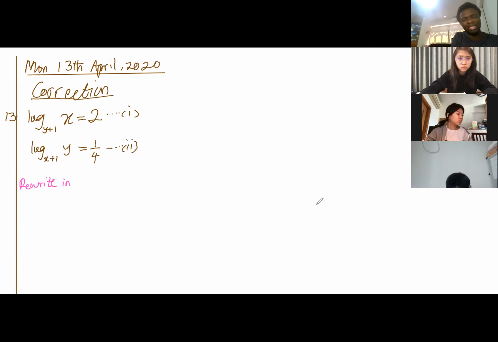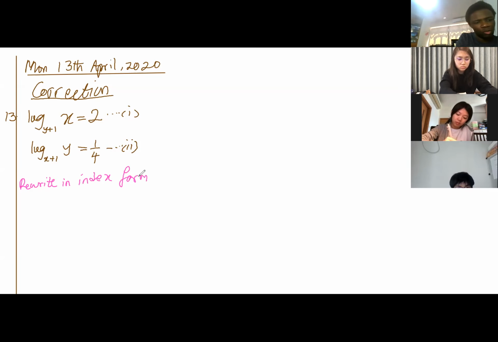Now, that is rewriting in what form? Anyone? Come on, rewrite in which form? Anyone know the word? Index form. I mentioned that, index form. Do we remember now? Okay, so we want to rewrite in index form. That's when law 6 comes in.